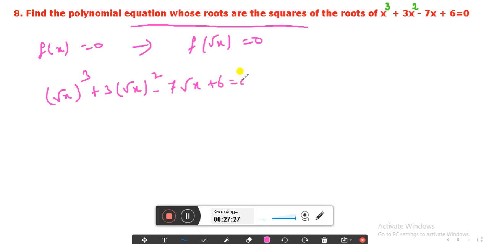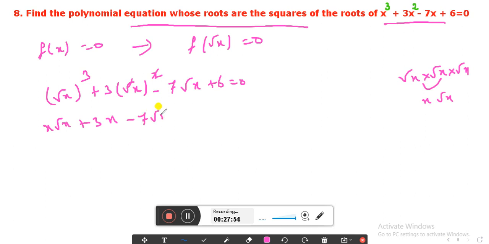In this equation we have to write root x in place of x. Root x cube is nothing but root x into root x into root x. So when you take this 2 we can get x root x. So we can write x root x plus 3x, since the square and root get cancelled, minus 7 root x plus 6 equals 0. This is about the last term.